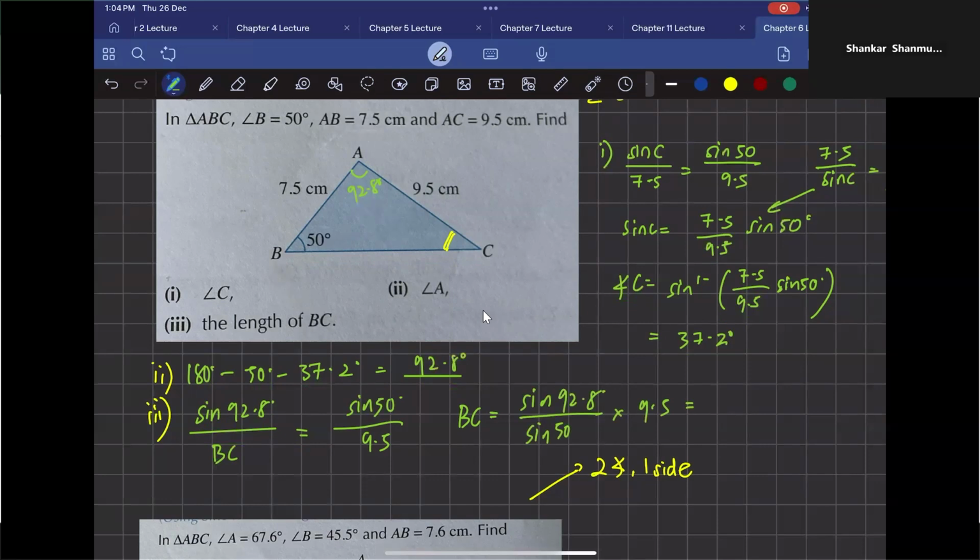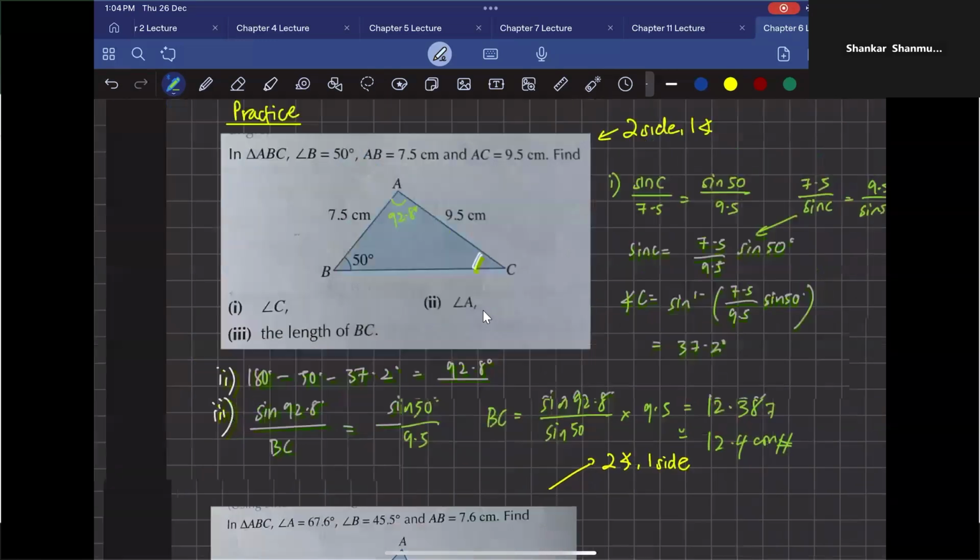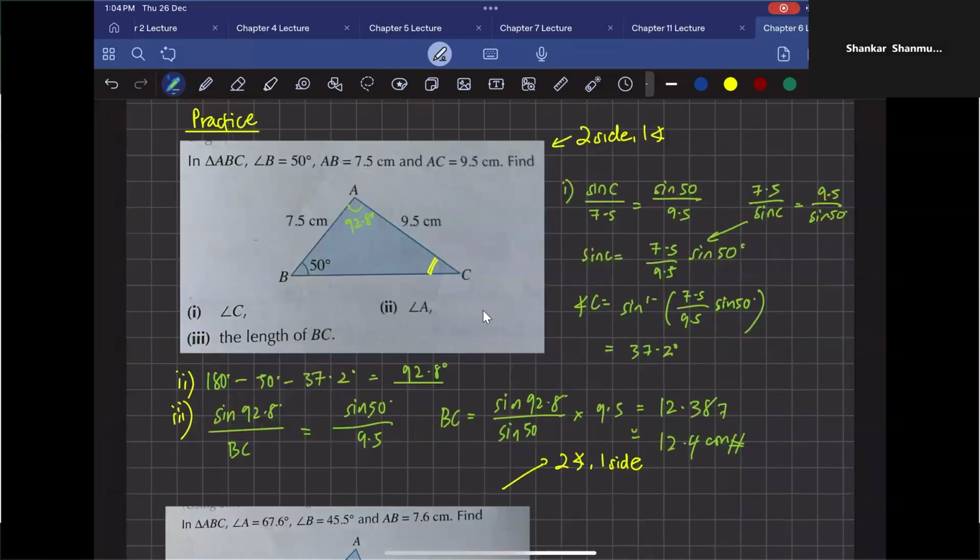Okay, so if you simplify, you should get this. So 12.387 approximately equals to 12.4 cm. Okay, so this is a typical question for questions regarding your sine rule.